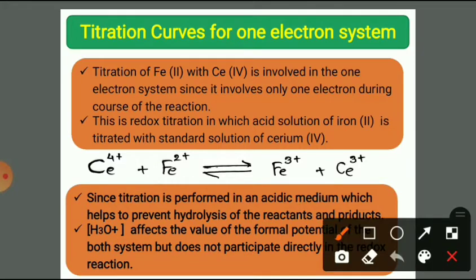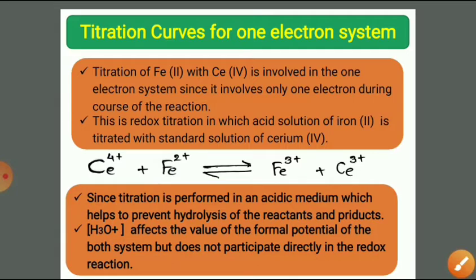If you see this reaction, there is no participation of H+ ions or H3O+, but because it is in the acidic medium it will affect the formal potential, though it does not participate directly in the redox titration.